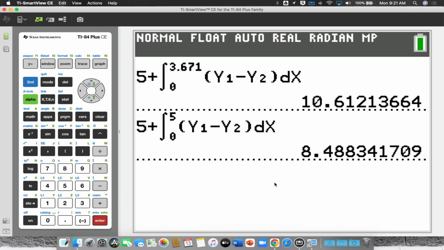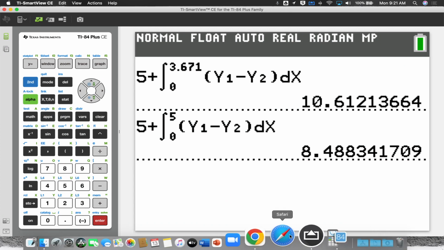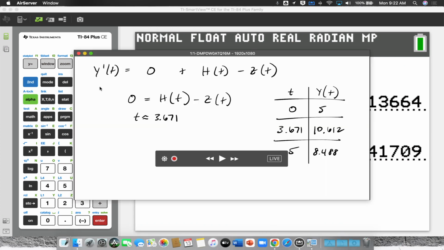That gives 8.488. So at the end of the interval, that's how much water is in the tank.